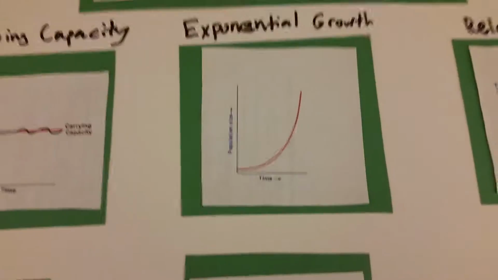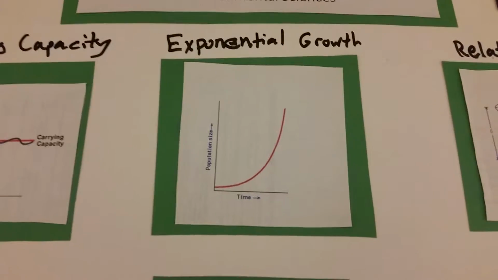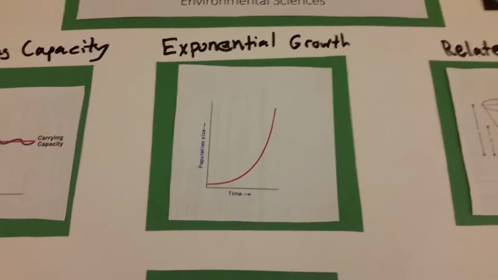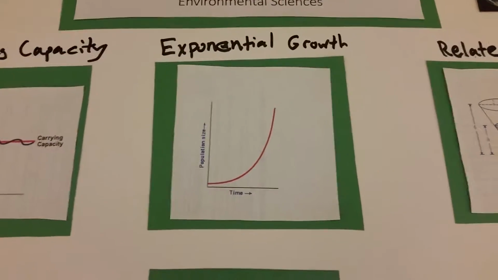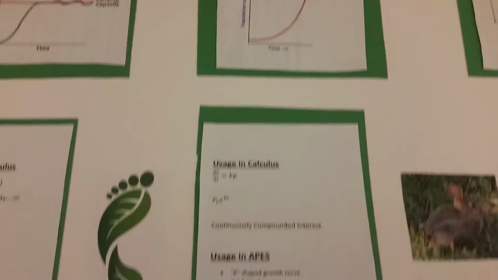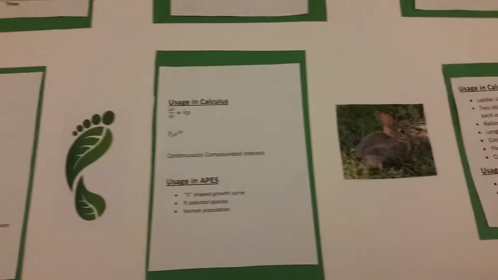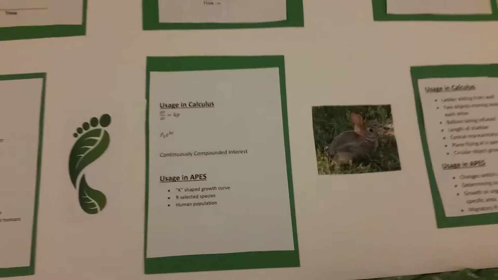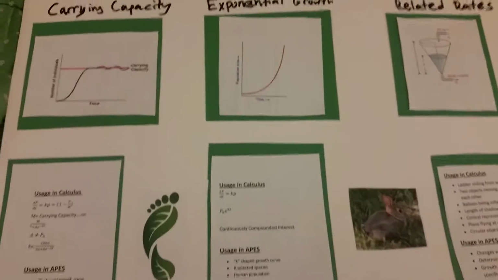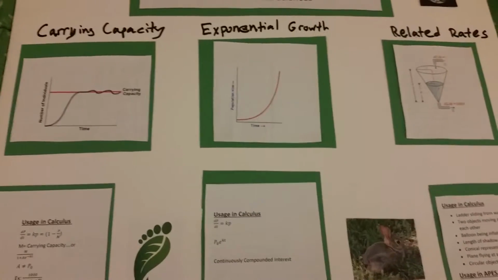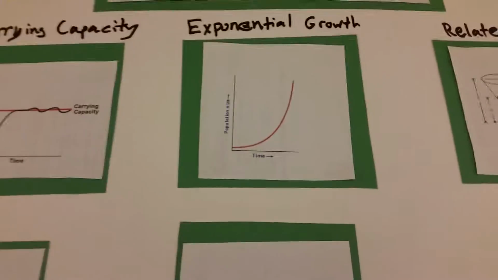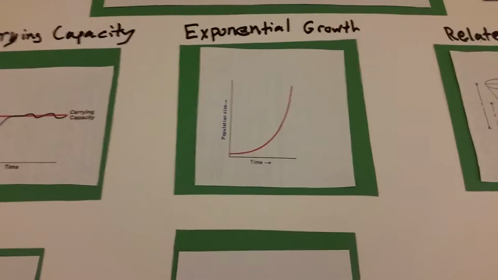The next thing is exponential growth. Exponential growth is how humans are defined. Exponential growth is also how our selected species are defined as well, and those species include bacteria and rabbits, as seen in the picture. These species do not have a limit. They go off into infinity and they will not stop.